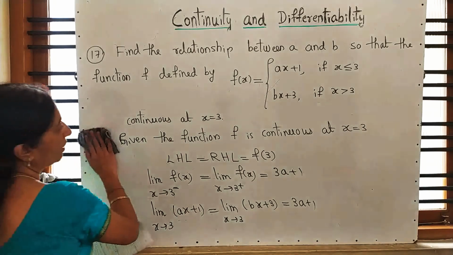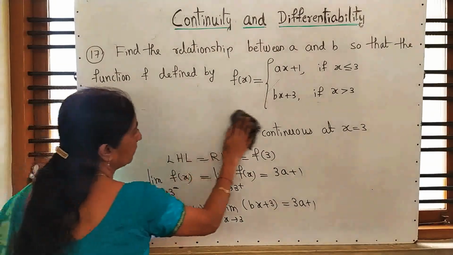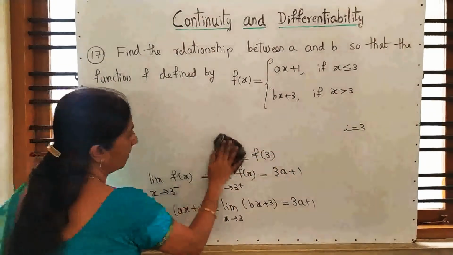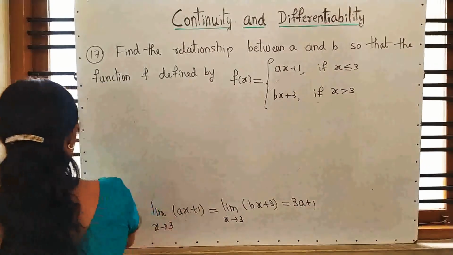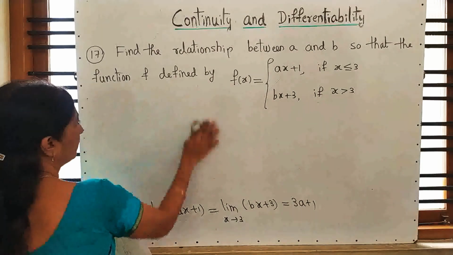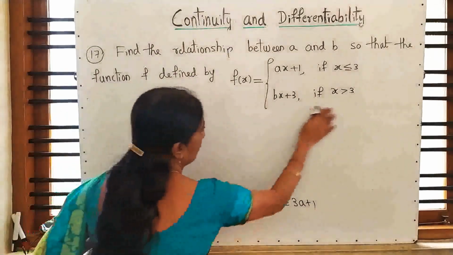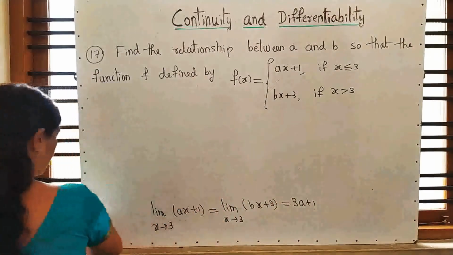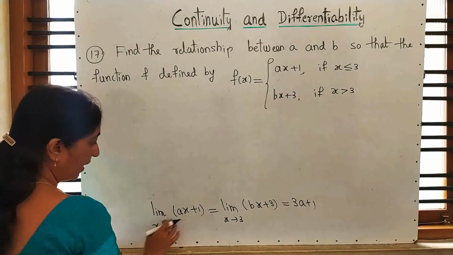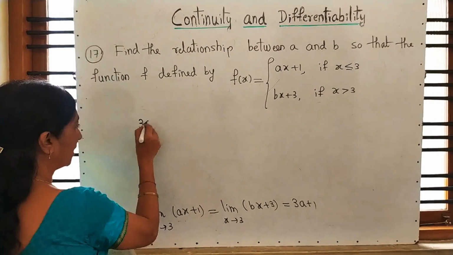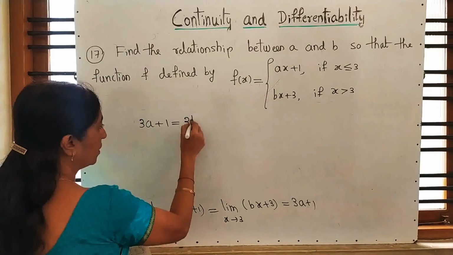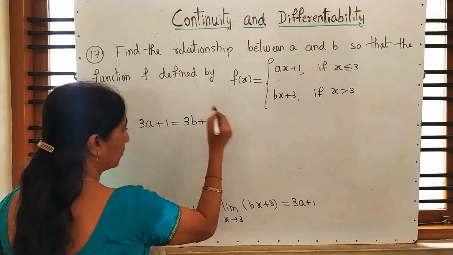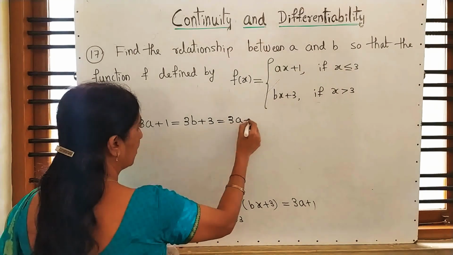Now write down the calculations. Wherever x is there we are writing 3. 3a plus 1 is equal to 3b plus 3 is equal to 3a plus 1.